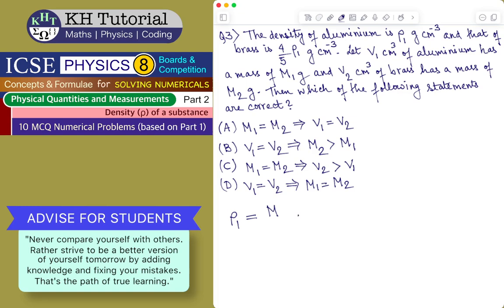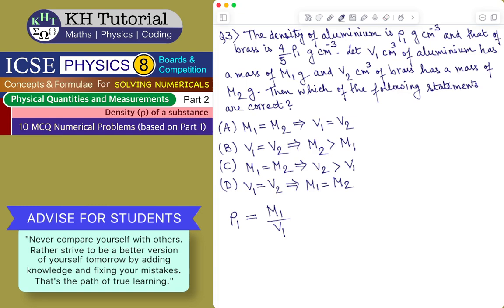So this will be m1 by V1, this much gram per centimeter cube. And since the density is also given to be rho 1, I can say rho 1 is equal to m1 by V1. There will not be this unit. So rho 1 is m1 by V1.